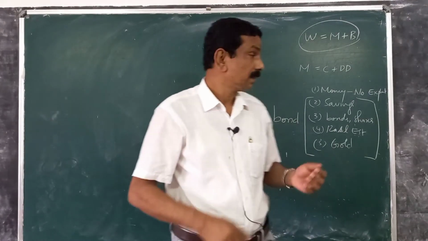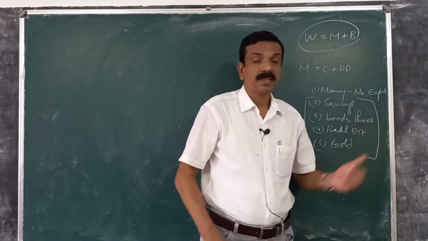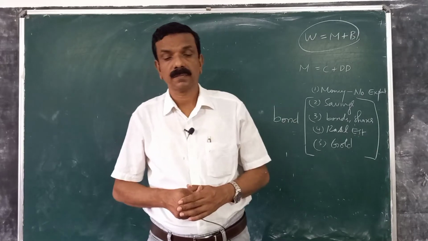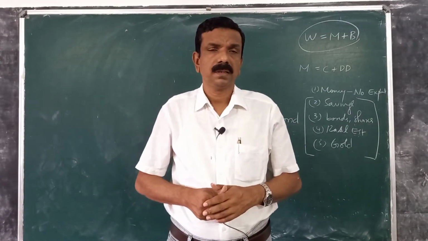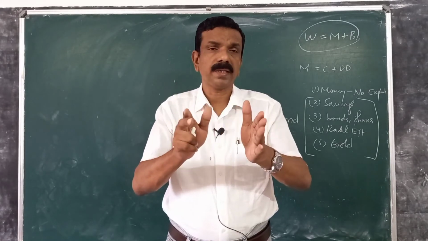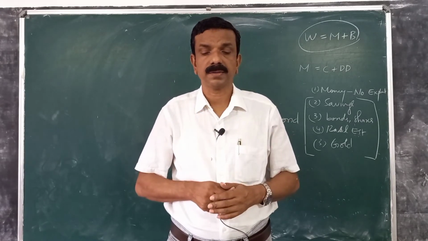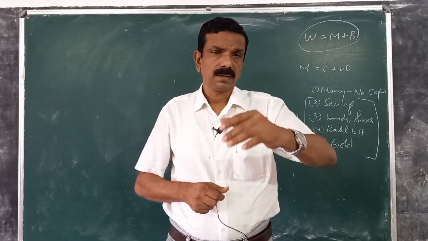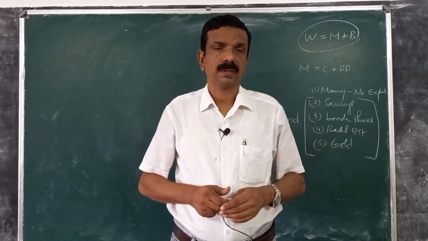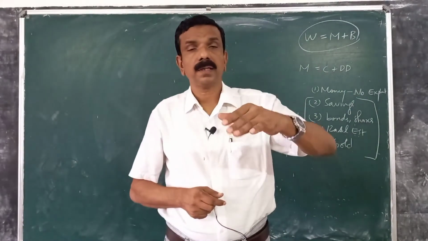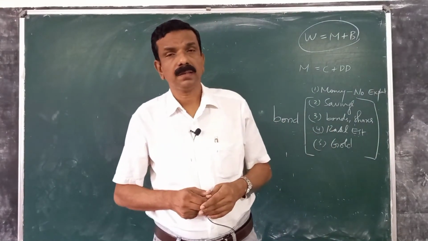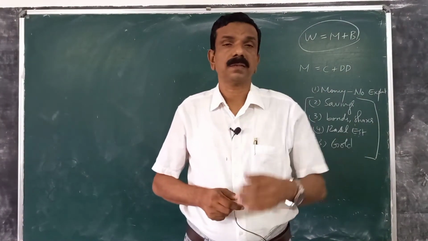In the classical theory, as we have discussed earlier, money is considered only as a medium of exchange. If an economic unit has more money, he will get rid of this extra money by purchasing goods and services.